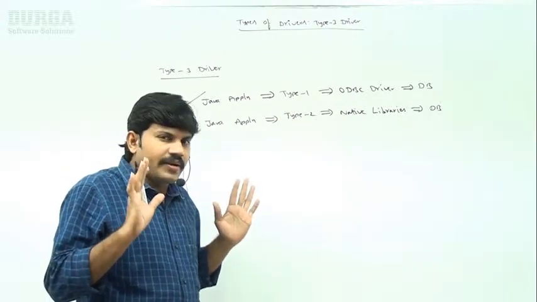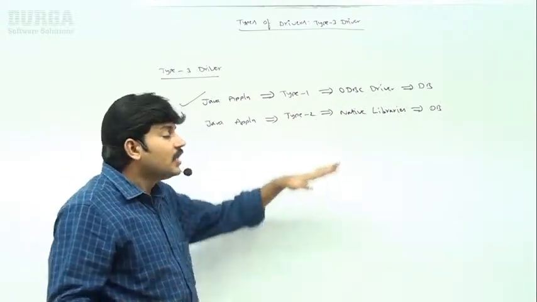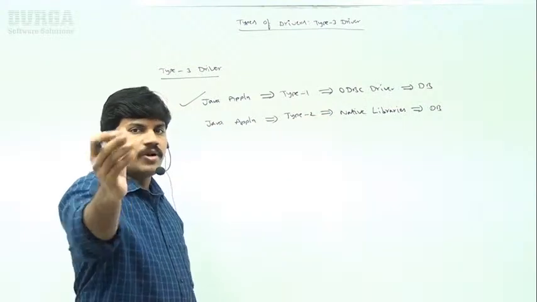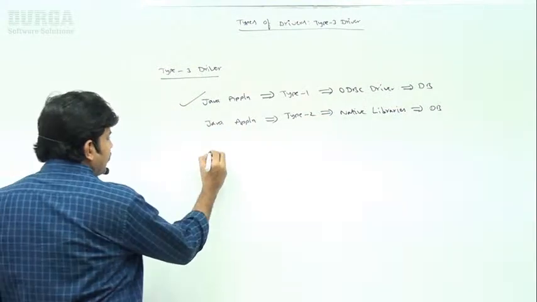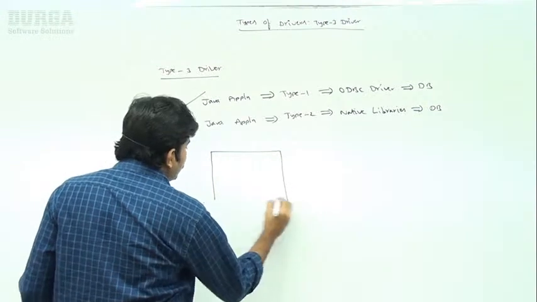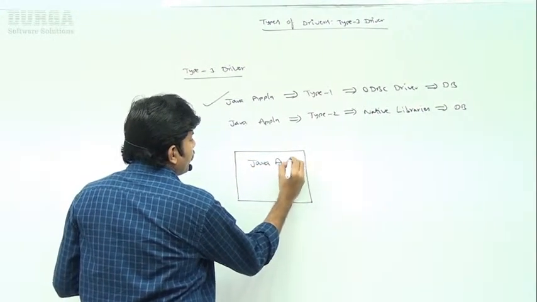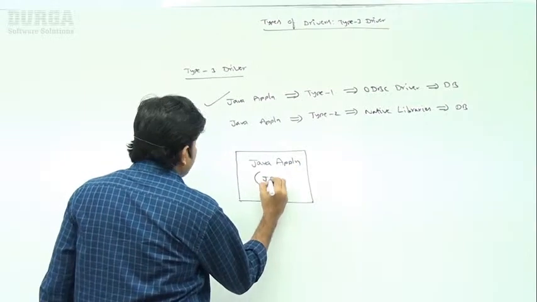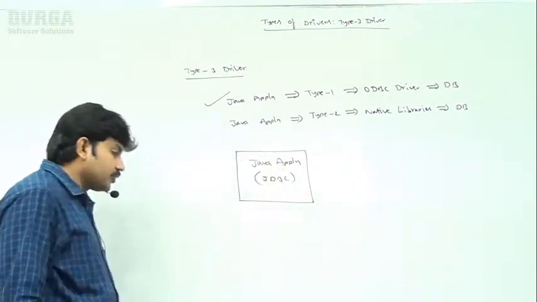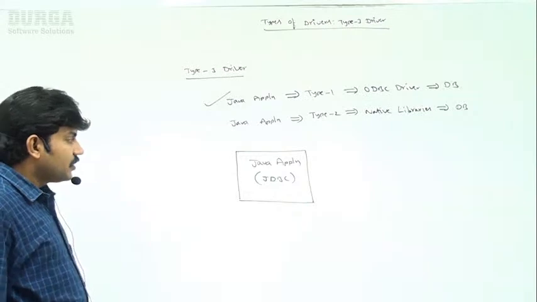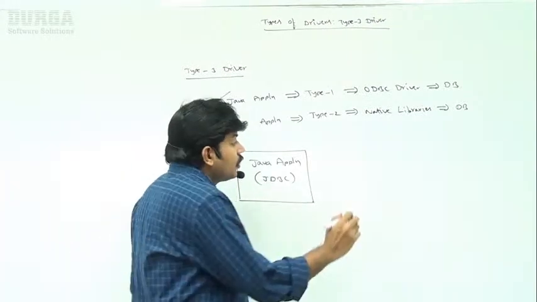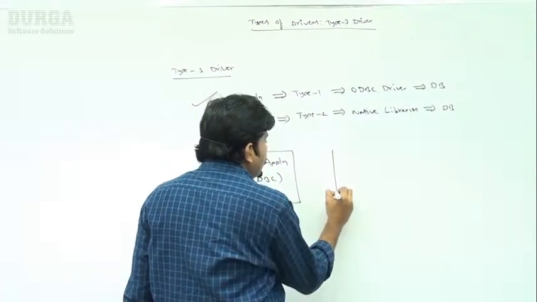So the type 3 driver is also the same as type 1 or type 2 with a small difference, right? What is the difference here? Assume that this is the Java application. This Java application communicates with the type 3 driver.